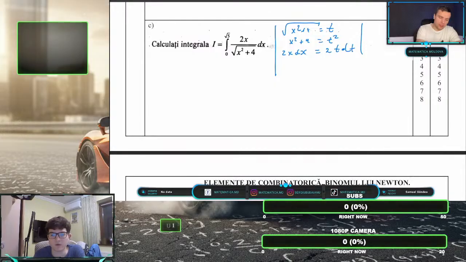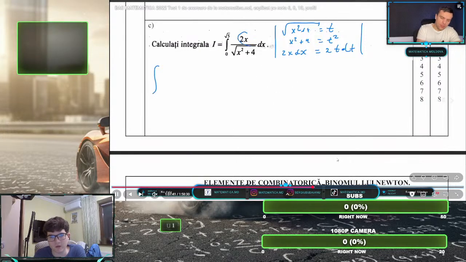Anyways, we're going to do it like this. It's going to be t to the second power. So 2x dx is going to be 2t dt. That's the thing at the top, I think. We're going to find out.